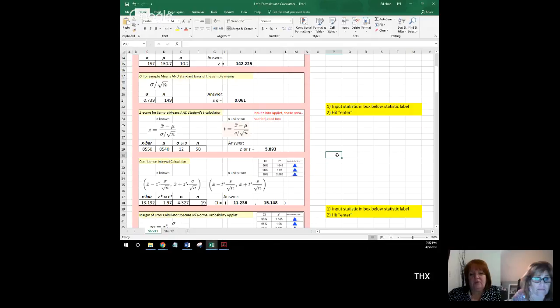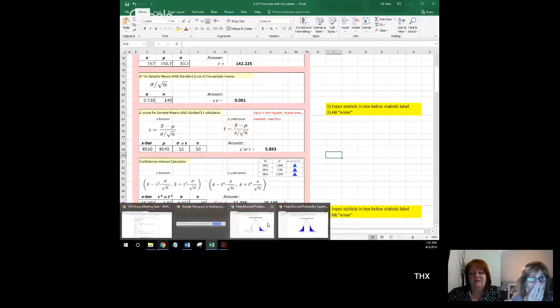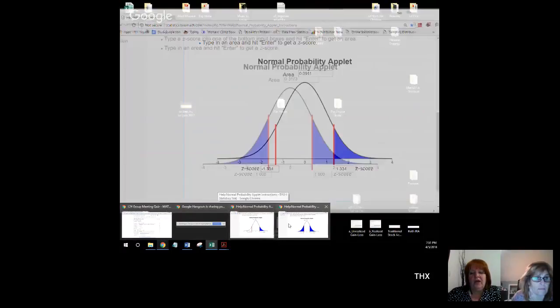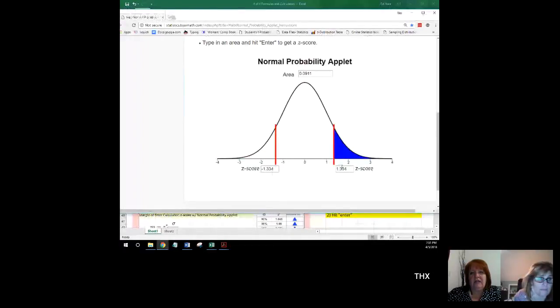They didn't say the mu changed. So if the mu stays the same, but the sample changes to 50, what is the probability that it's going to show more than 8540? But does 8540 go in the X bar then?